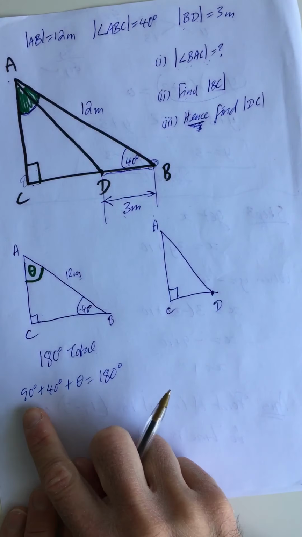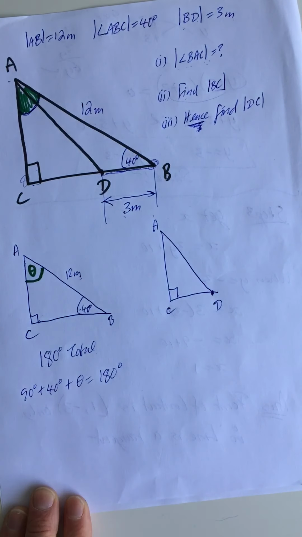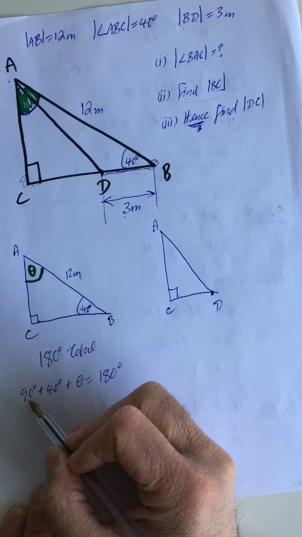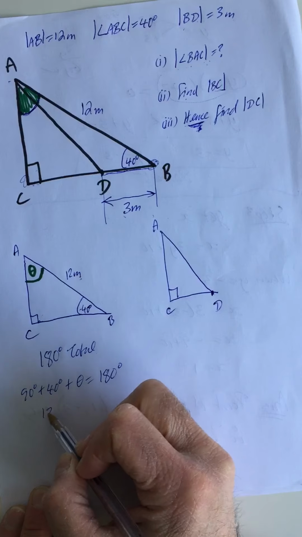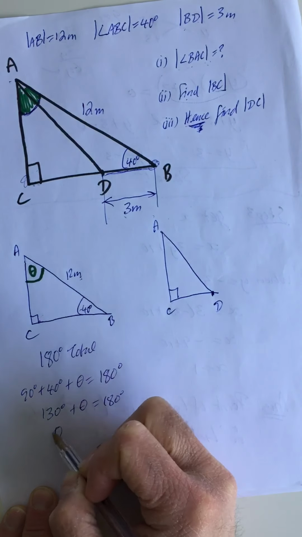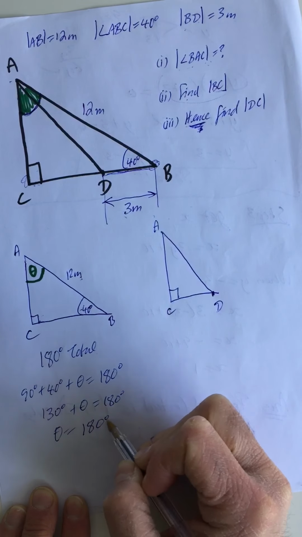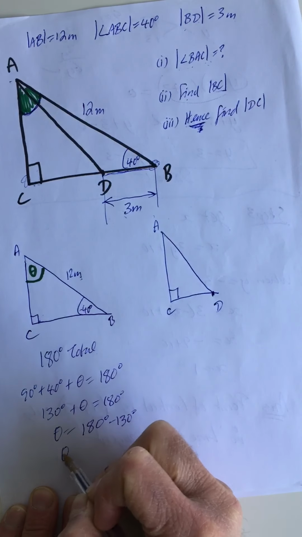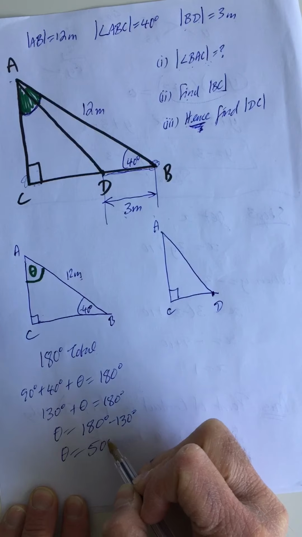Some of you might be more comfortable just adding these and then taking it away. 90 plus 40 is 130. Add theta is 180, so theta is 180 take away 130. So theta turns out to be 50 degrees.